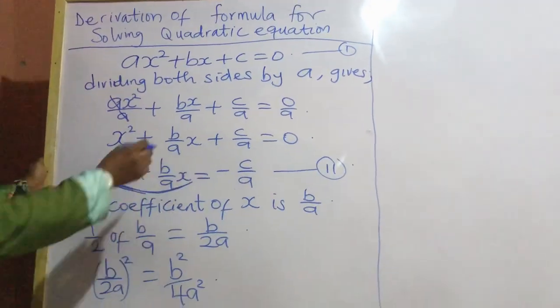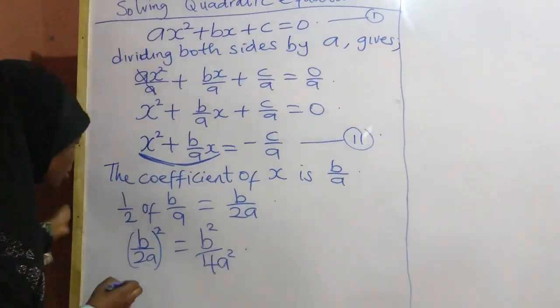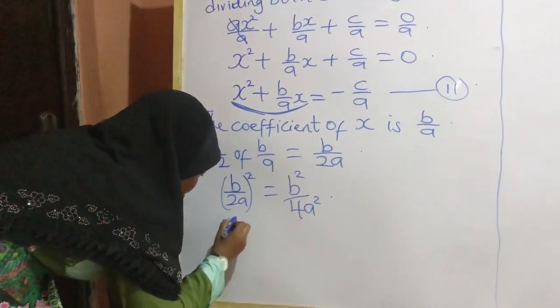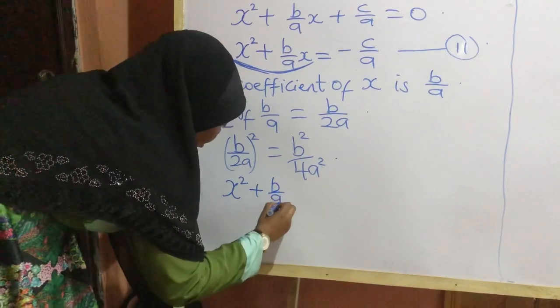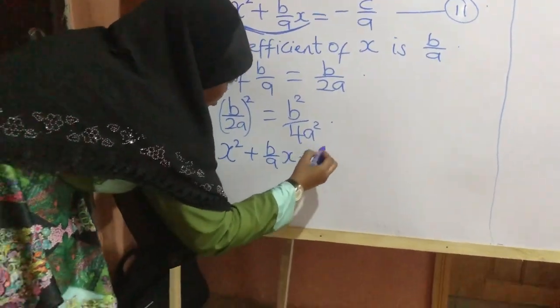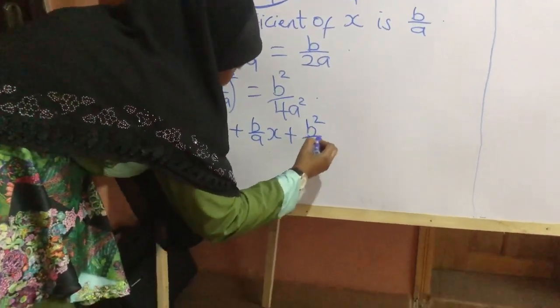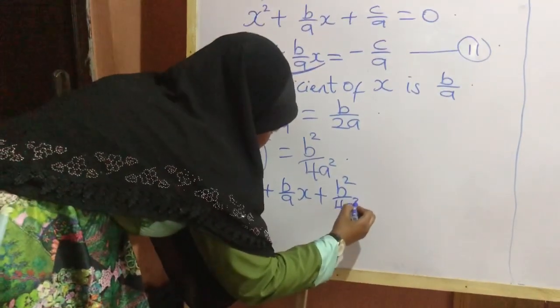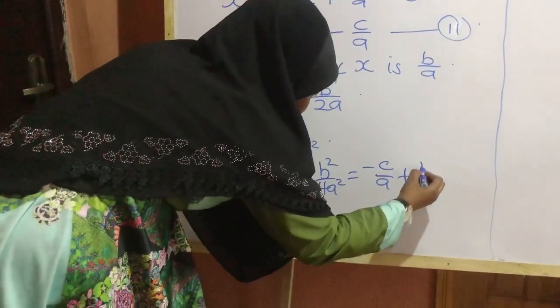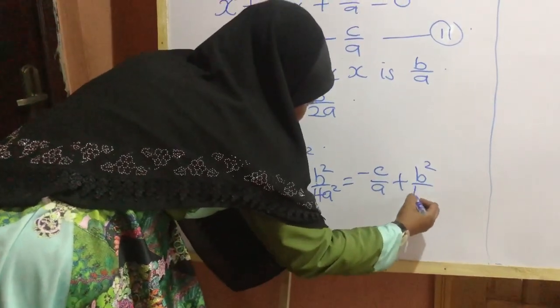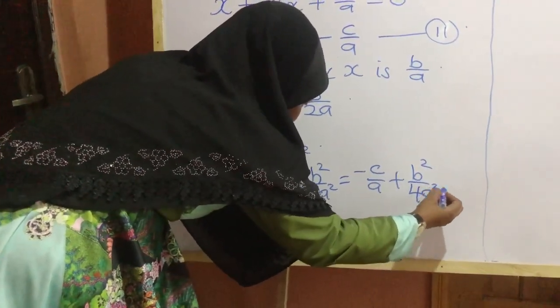So let's add it to equation 2. So we have x squared plus b over a x plus b squared over 4a squared is equal to minus c over a plus b squared over 4a squared.